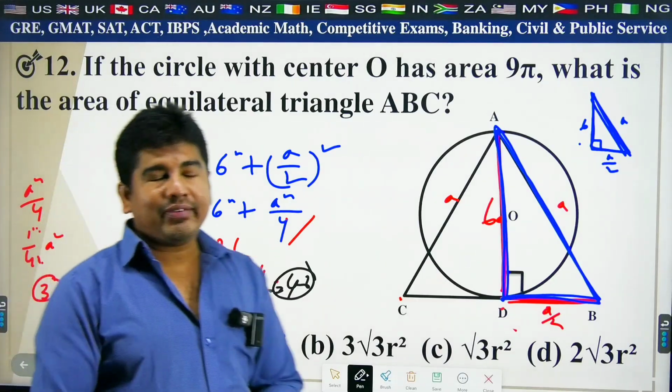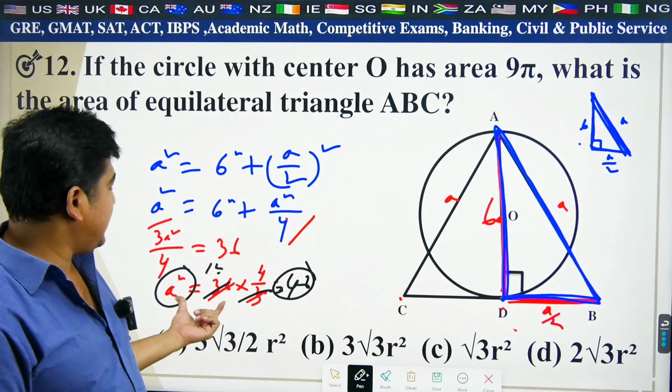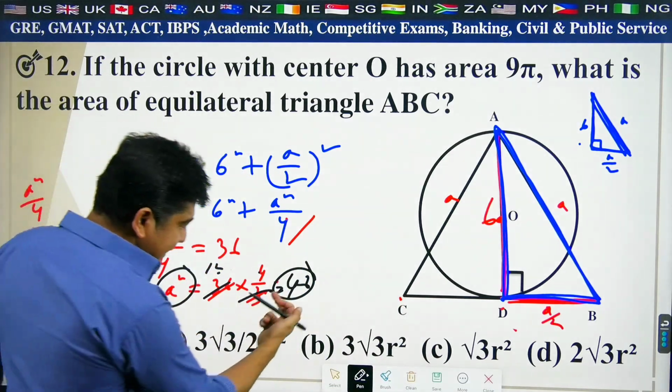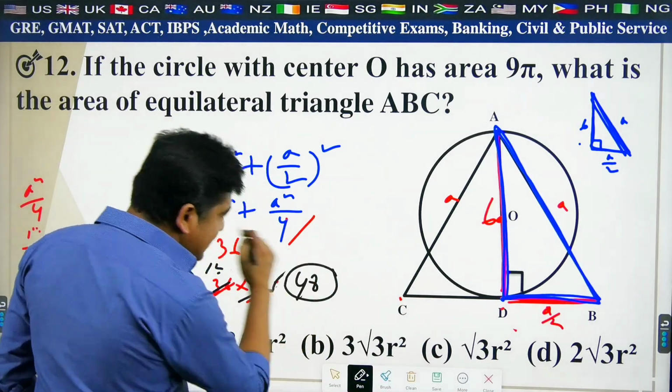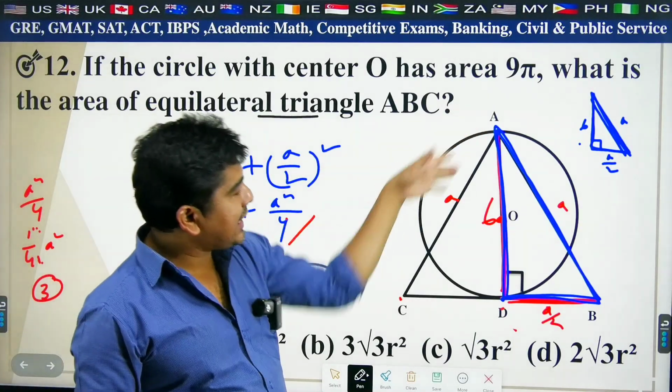At last, you have found the value of a square equals 48. What do we have to find out? The area of the equilateral triangle ABC.